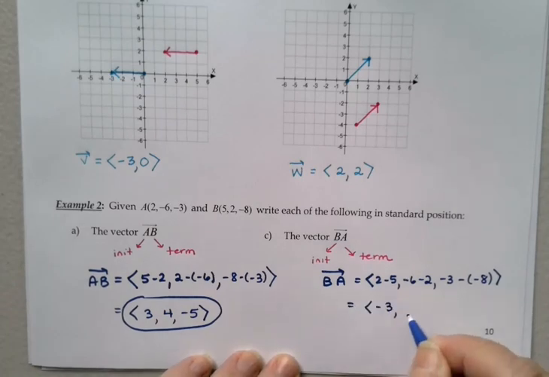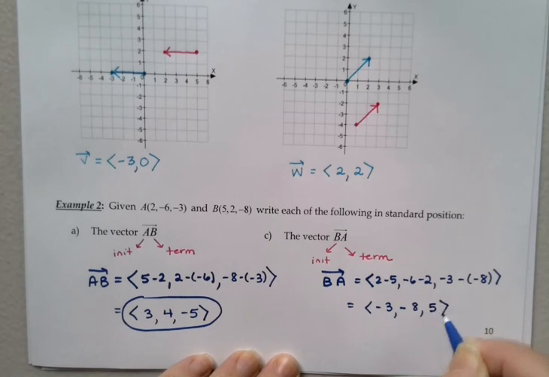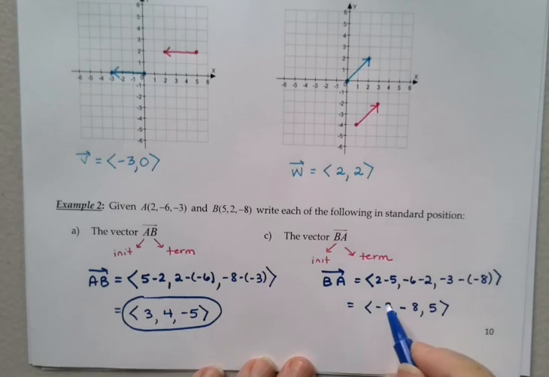Gives me negative 3, negative 8, 5. I just realized I made an arithmetic mistake there, so we'll go back and fix it.